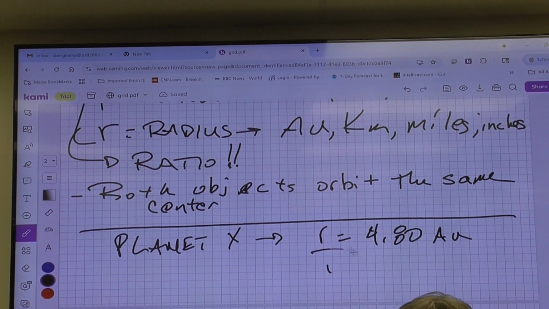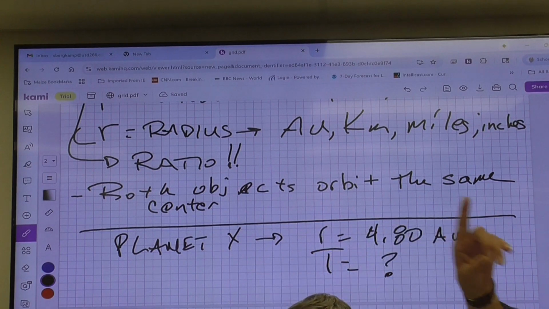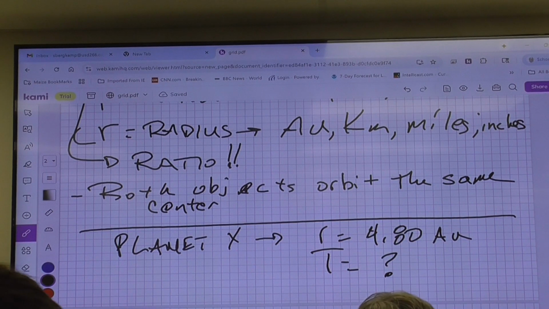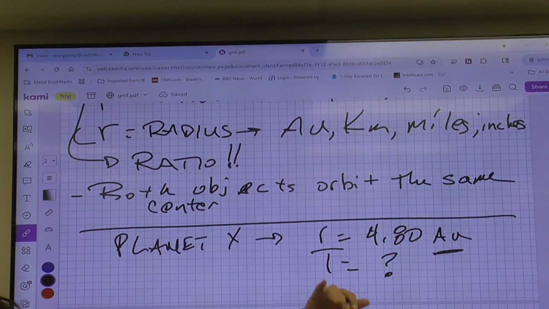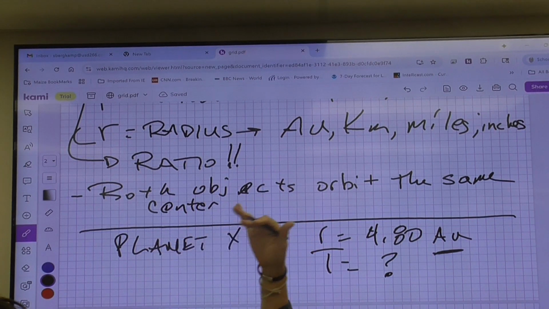What we want to figure out is how long it is going to take for planet X to go around the sun. Understand what the 4.80 is. The 4.80 is not how far it is from the Earth. It's how far it is from the sun. So what that means is this planet is 4.8 times further from the sun than the Earth is.